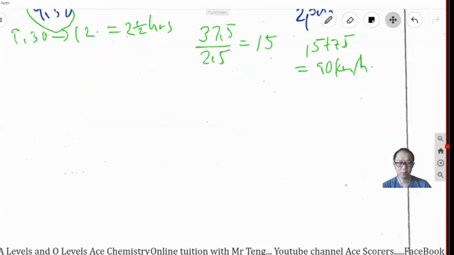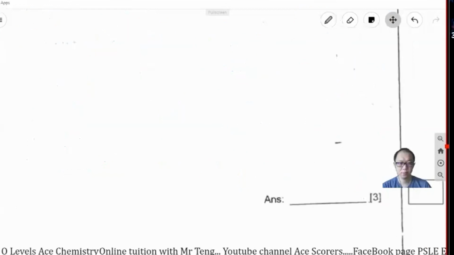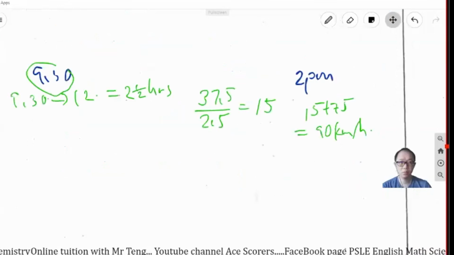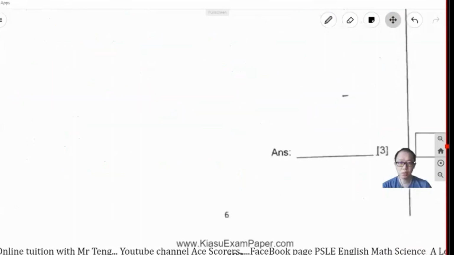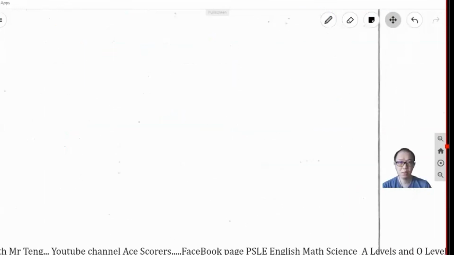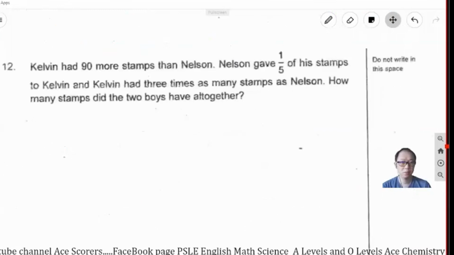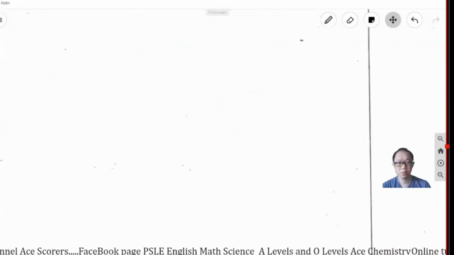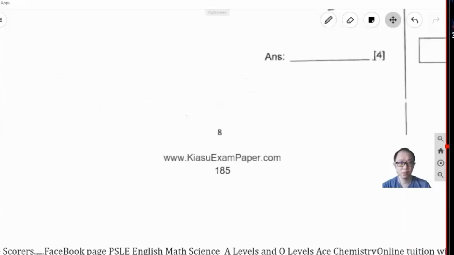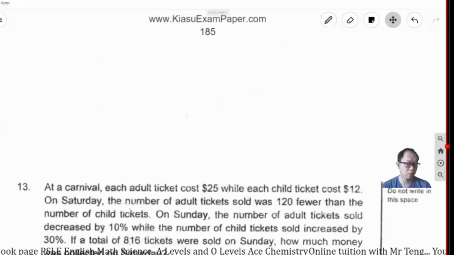Look at the next one. 13 is very hard for me now. Okay, we go and see 13. This is very hard. 11, that is okay. Diagrams are fine. 12 also looks okay. We solved a difficult one. Well, this is 4 marks. Oh man.